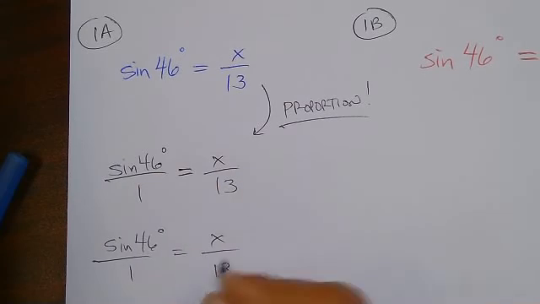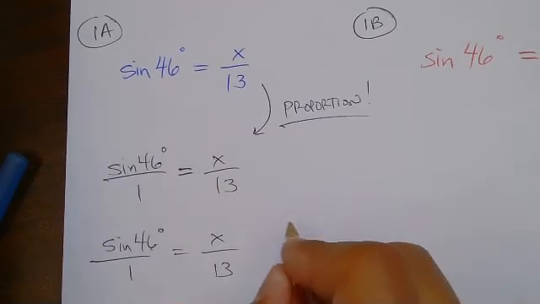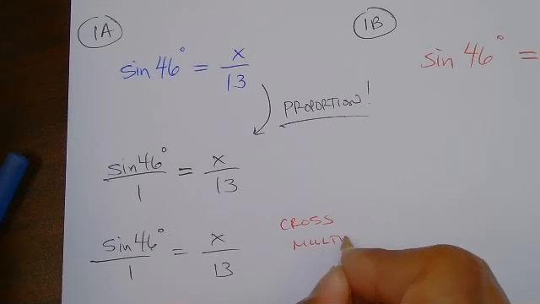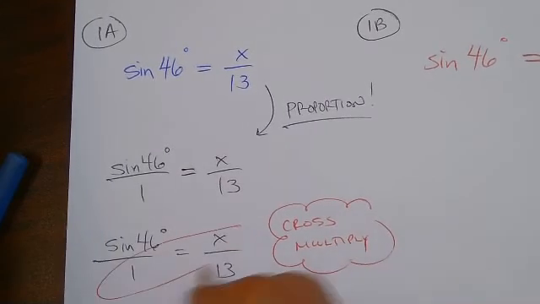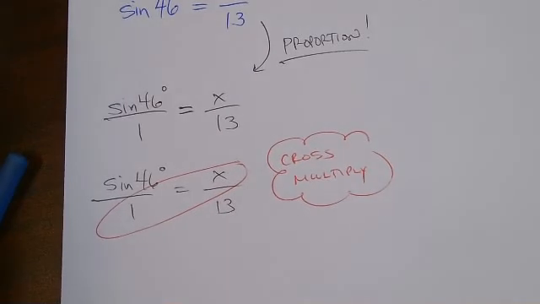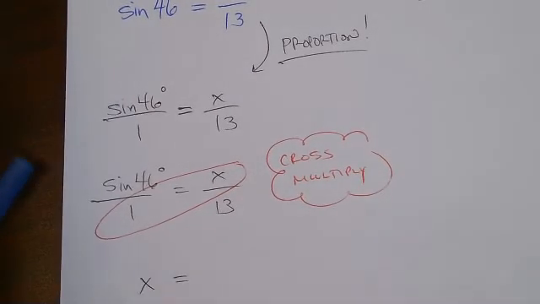And now I can do what? I'm going to write it again, because if I do it here, it's going to look sloppy. And now I know I have to what? Cross multiply, right? Right, to solve. So I'm going to go this way, because I always look for the variable and I do that one first.